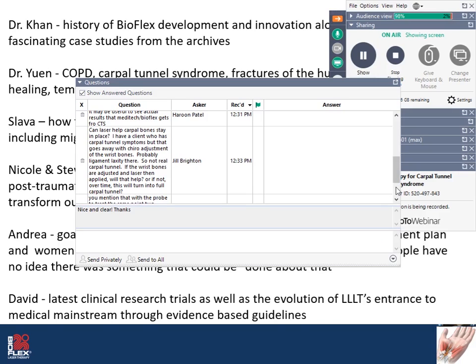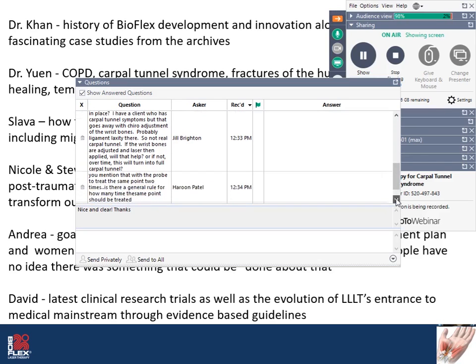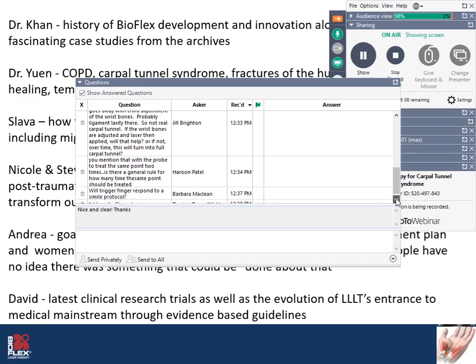But if there's a mechanical instability, that is also an issue. Laser therapy is known to increase collagen production and help improve the integrity of ligaments. So in other words, it should help the laxity of the ligaments that you're referring to, Jill. But of course, that would take a fairly lengthy treatment plan for that to occur. But again, it would depend on the extent of the ligament pathology as well.